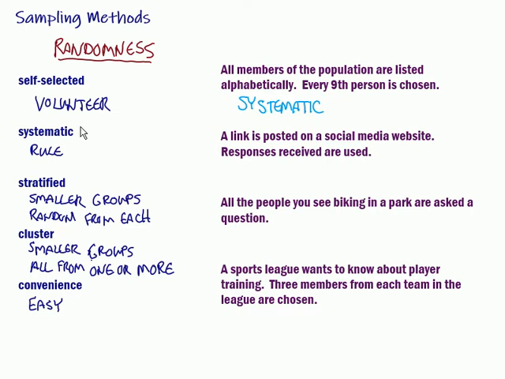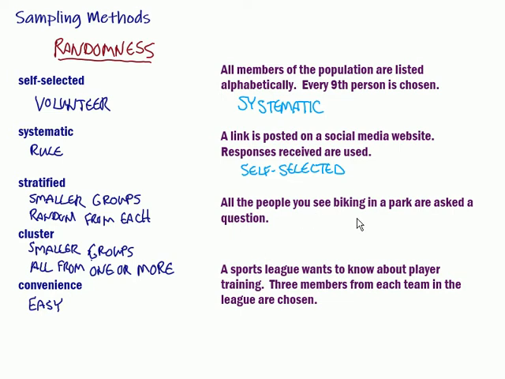You're not going to make certain people do it. You're not dividing into any groups. It's just going to be volunteers. So that's self-selected. You might also argue that it's a convenience sample because it would be just whoever will take the time by simply posting a link and then taking those results.